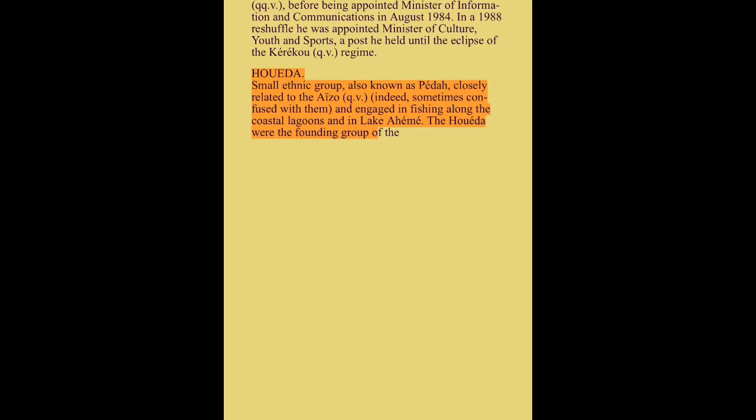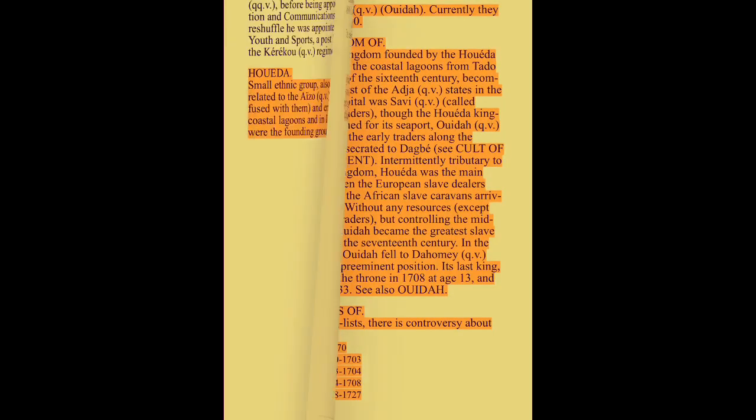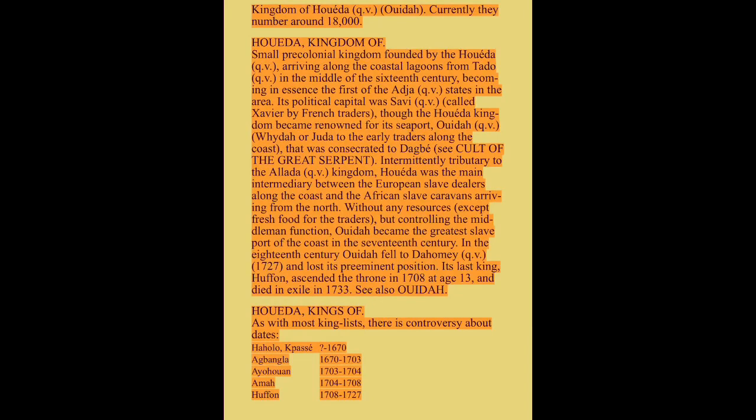Whydah, small ethnic group, also known as Pida, closely related to the Aizo, indeed sometimes confused with them, and engaged in fishing along the coastal lagoons and in Lake Ahémé. The Whydah were the founding group of the Kingdom of Whydah. Currently they number 18,000.